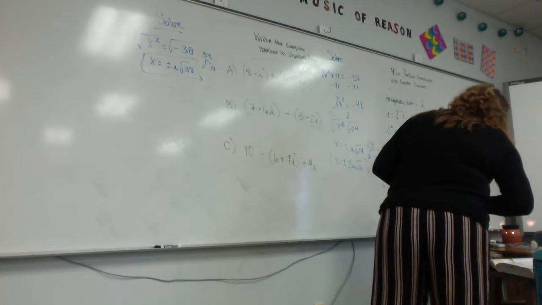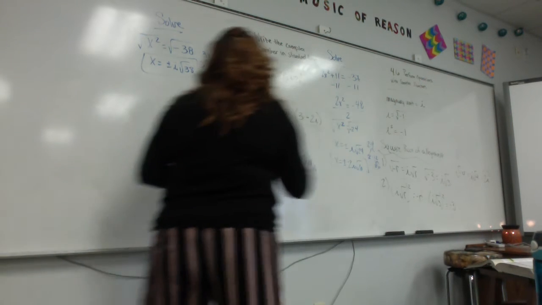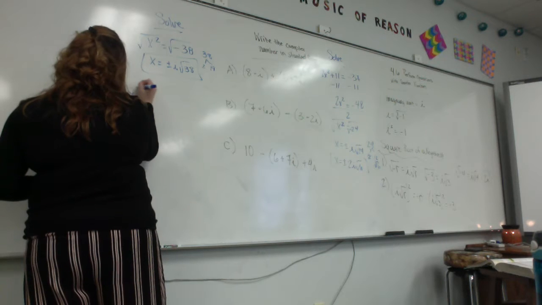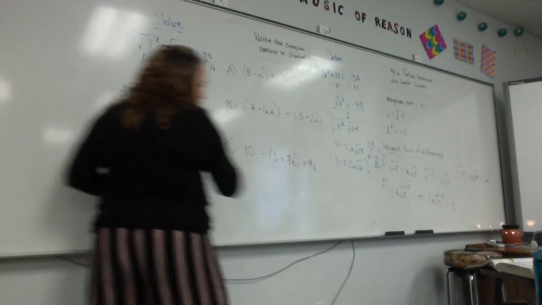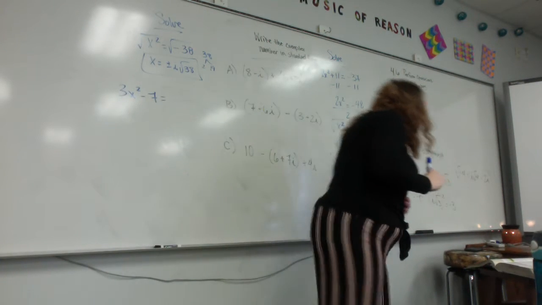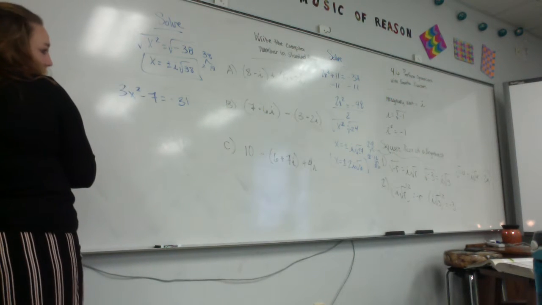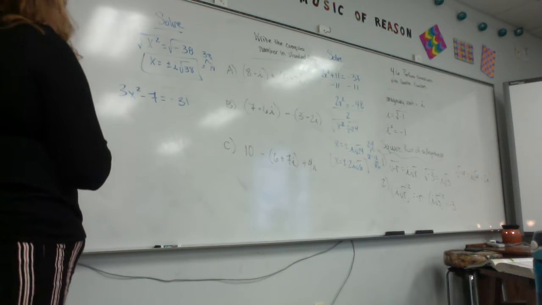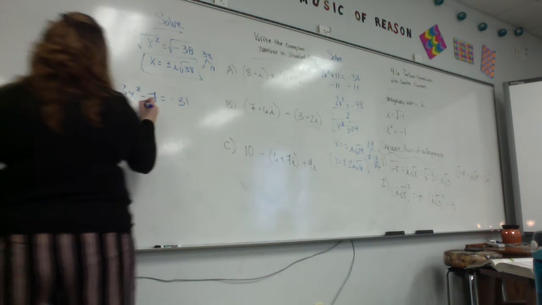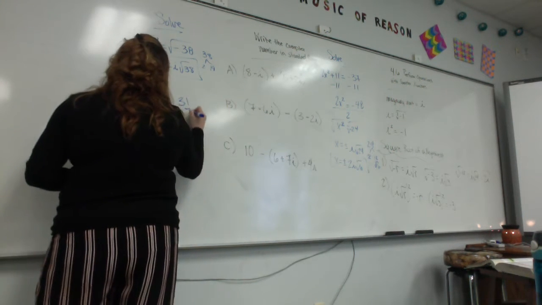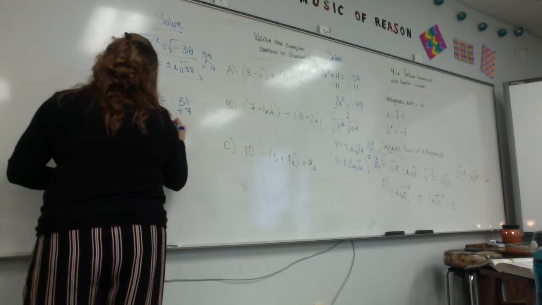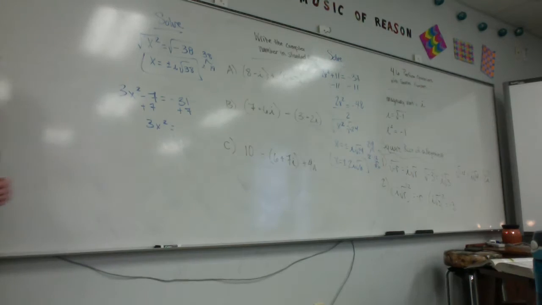What about 3x squared minus 7 equals negative 31? What do I need to do first? Add 7. So then I get 3x squared. And what's negative 31 plus 7?